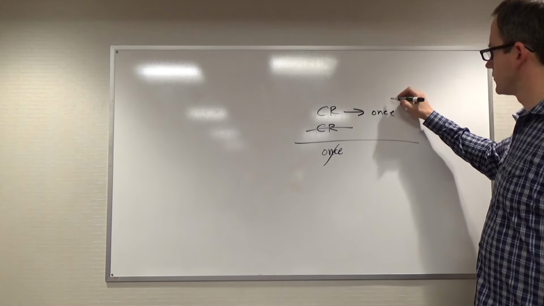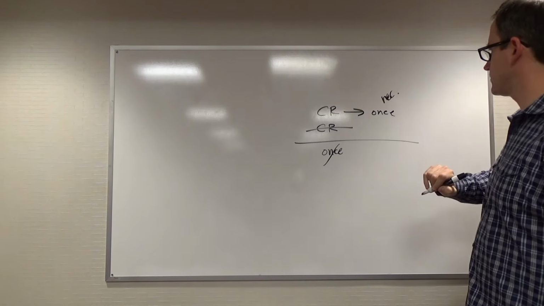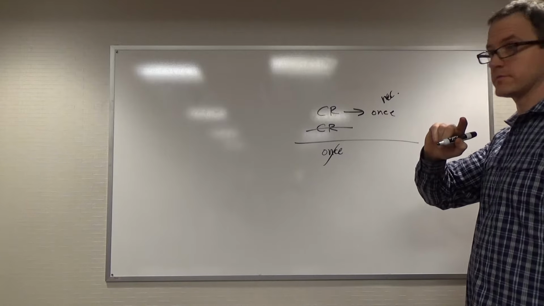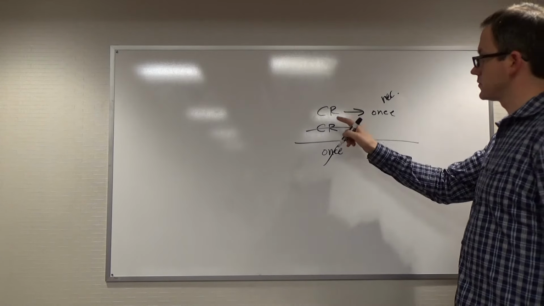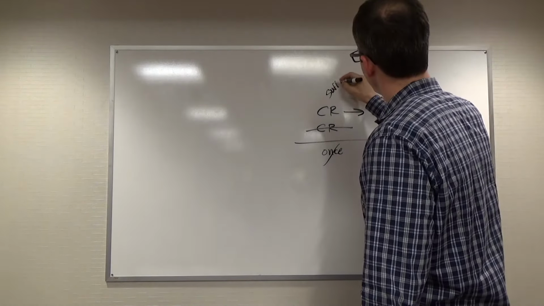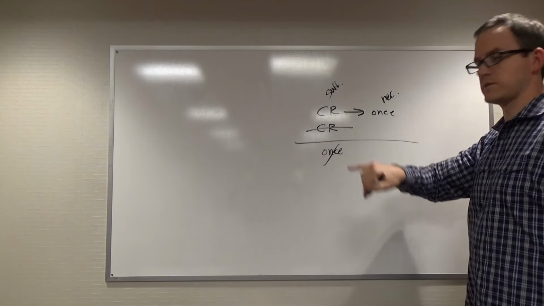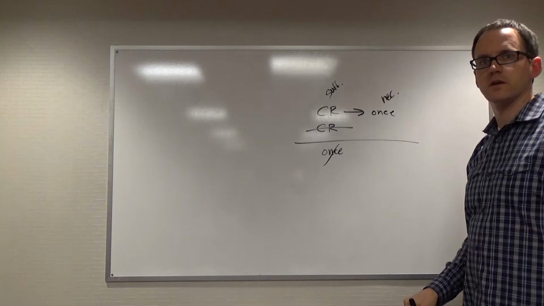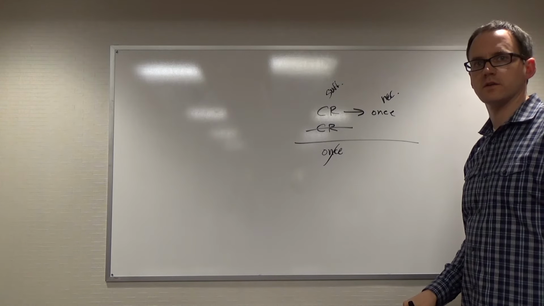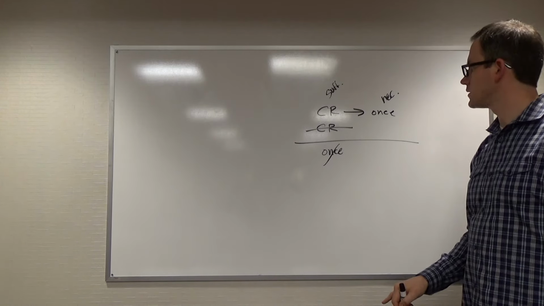That is the necessary condition. And this is the sufficient condition. So we know that this is true, right? What did they do with this? So that would be the necessary assumption of the contrapositive.